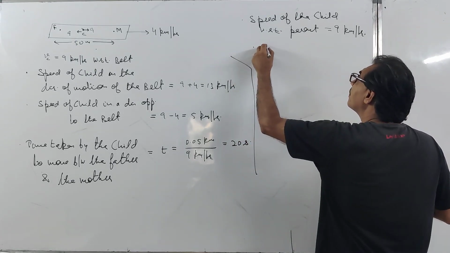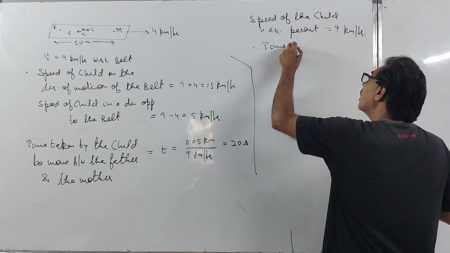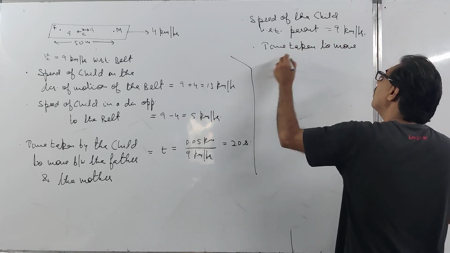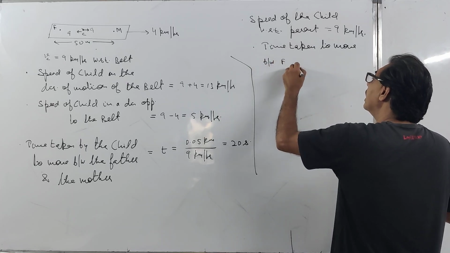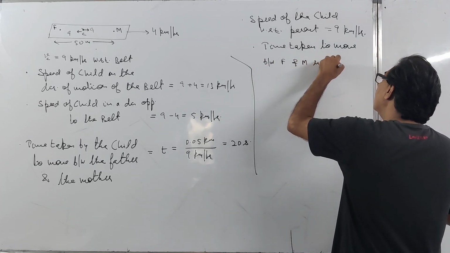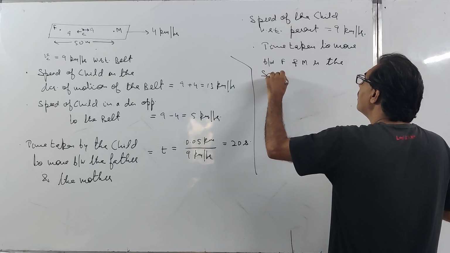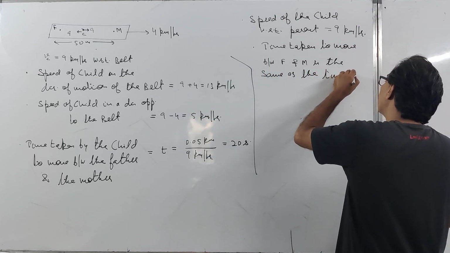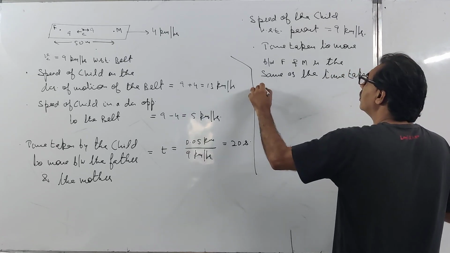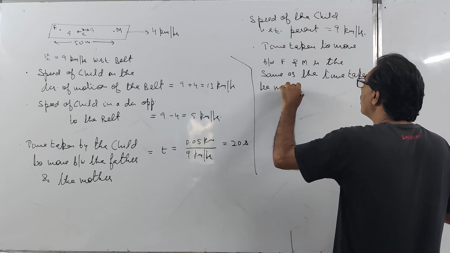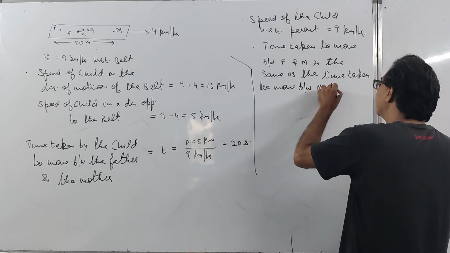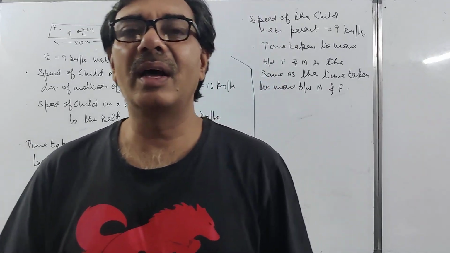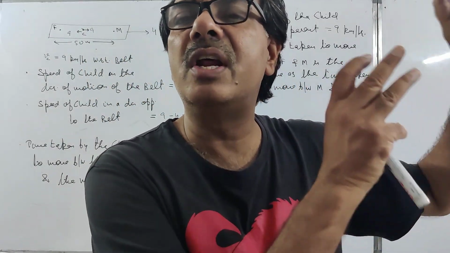So the time taken to move between F and M is the same as the time taken to move between M and F, because all of them are having the same speed of the train.